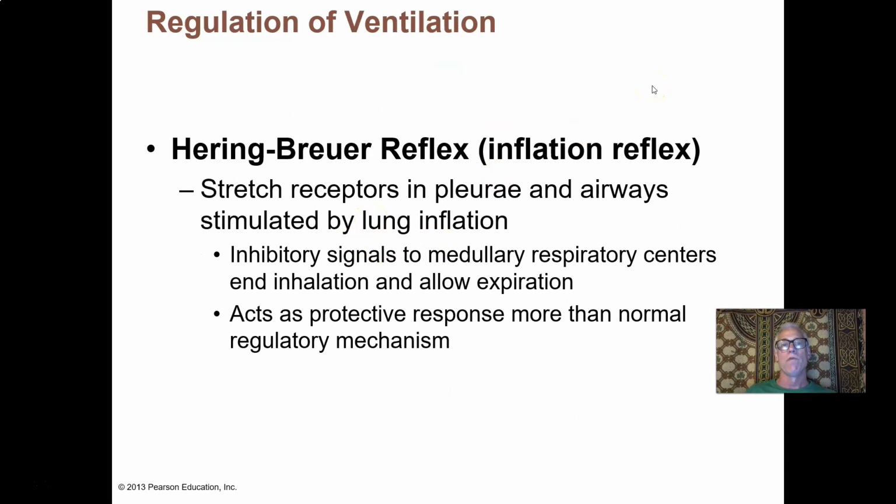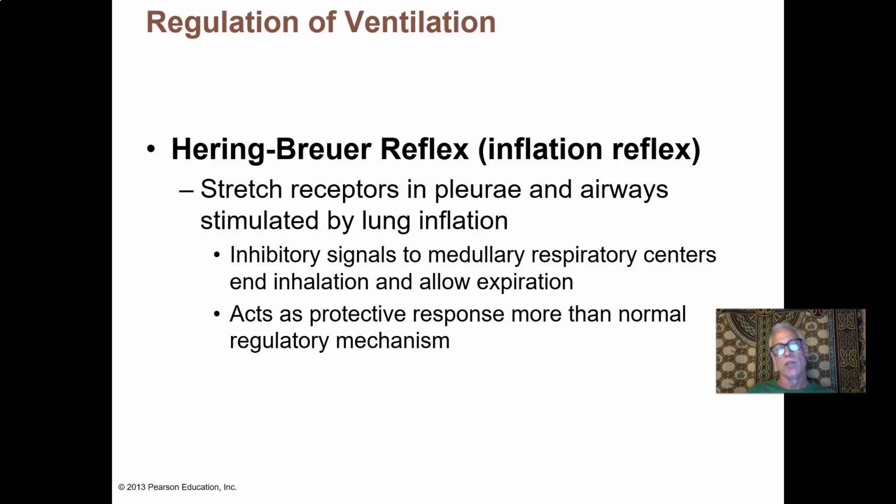The lung inflation reflex, Hering-Breuer reflex, what a wonderful name. Let's keep those proper names of historically important figures in our curriculum, please. So Hering-Breuer reflex, there are inflation sensors in your lungs and your chest cavity, so that as you inflate the pulmonary system further and further and further, there's more and more stimulation of these stretch receptors, and they begin to feed in and inhibit the inspiratory signals of the VRG.